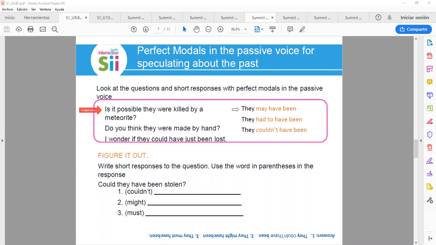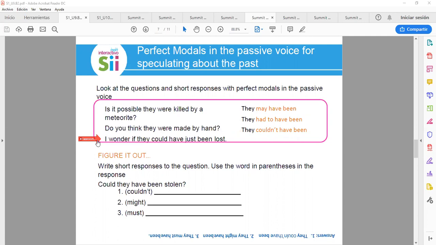Here we say that they may have been killed by a meteorite. Do you think they were made by hand? Here, the relation is with they couldn't have been made by hand.